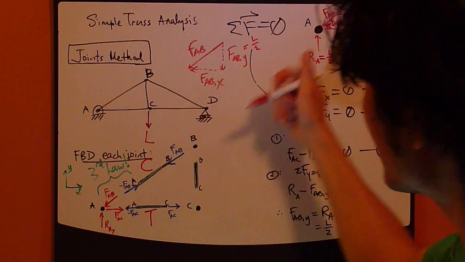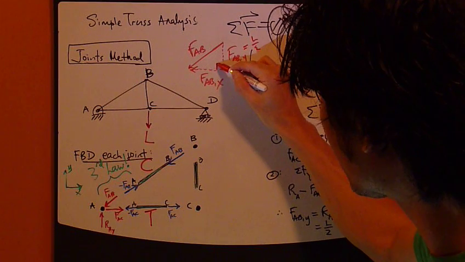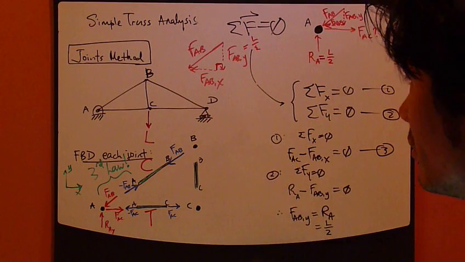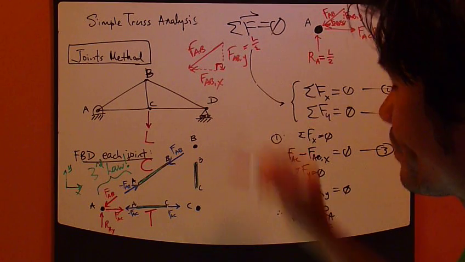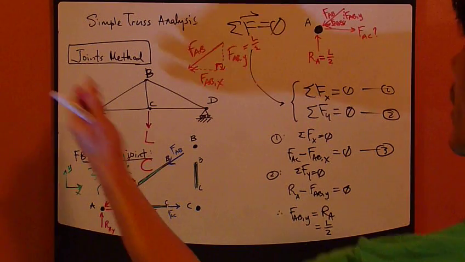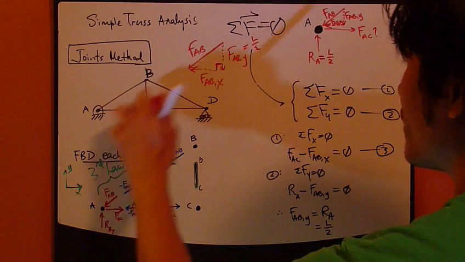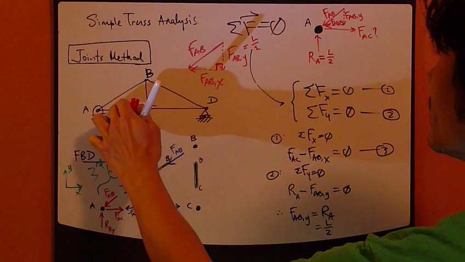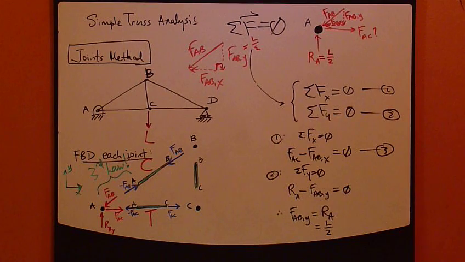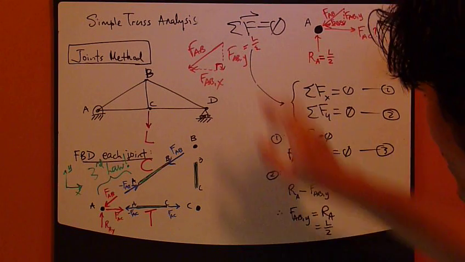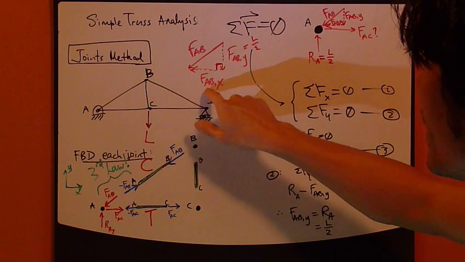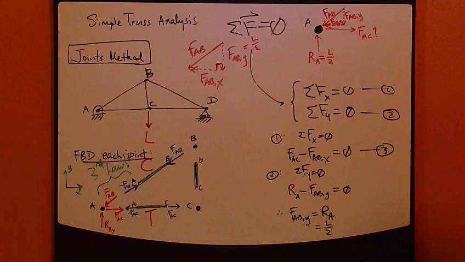This is a special triangle. It's a right triangle, 90 degrees. And depending on the slantedness, the angle, then you know exactly what kind of triangle it is. So knowing that, you can find out FABX as well as FAB.